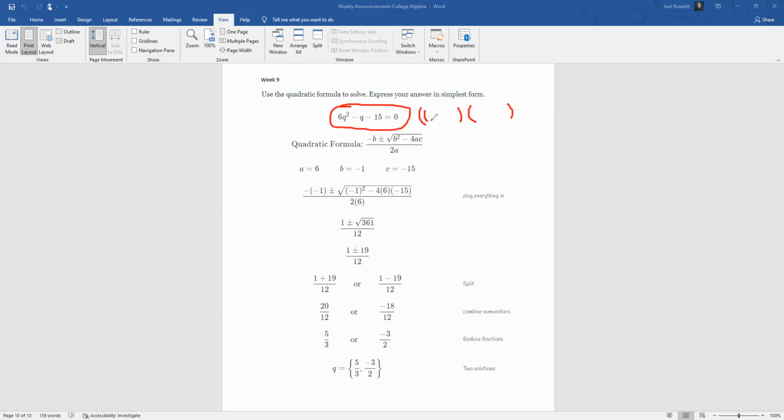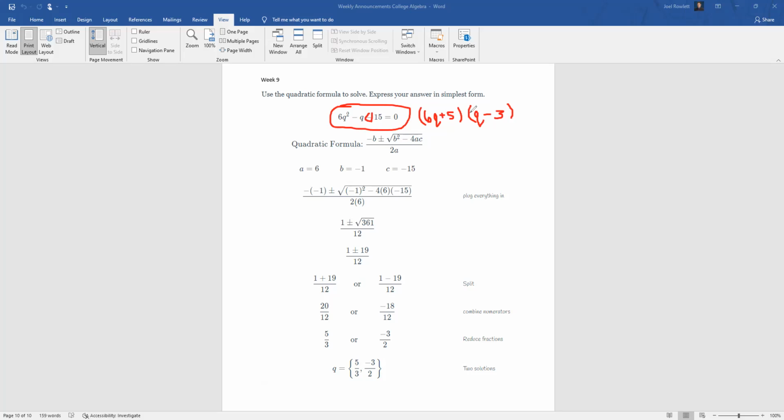In other words, if I were to try, say, 6q here and q here, and I know that my signs are going to be different because of this negative symbol, I might try a plus here and a minus here. Then I have to toy around with what numbers multiply together to give me 15, but would have a difference of 1. So I may use trial and error and try, let's say, a -3 there and a +5 here.